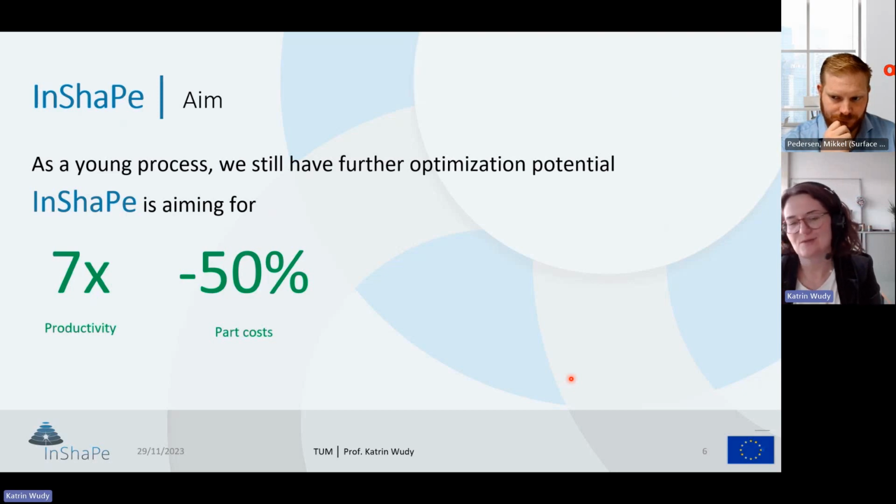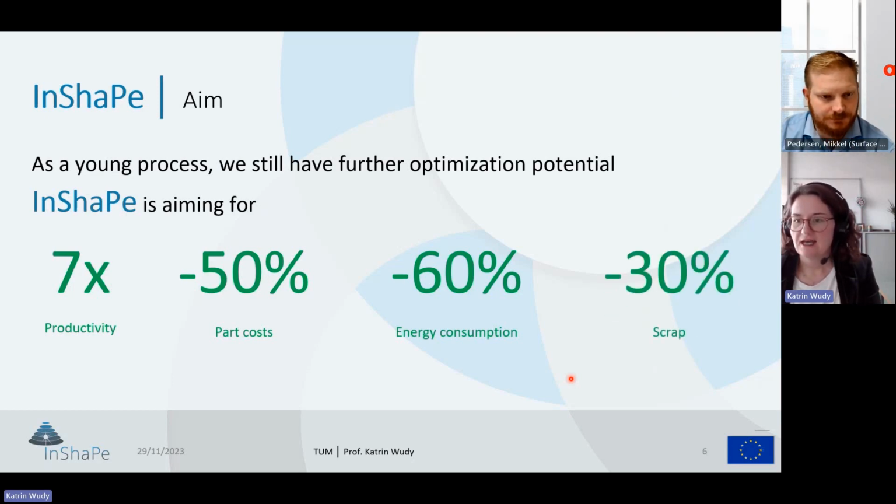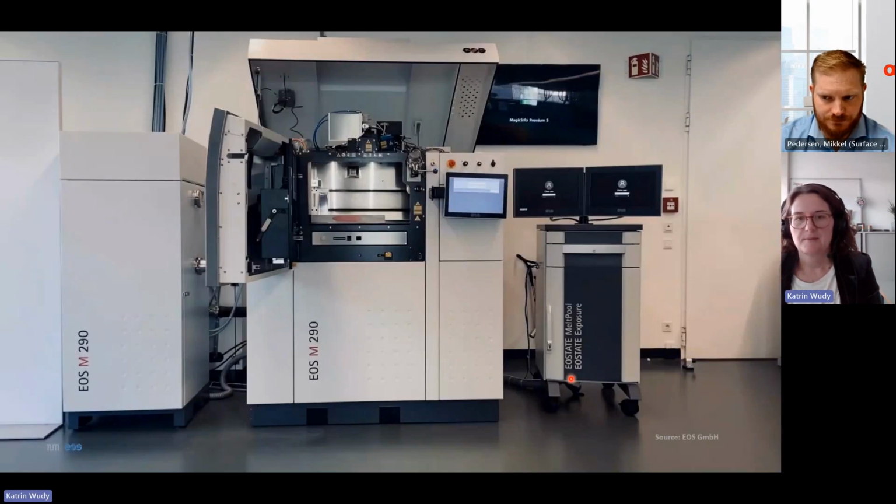And we hope that you can bring in a new application. We would like to reduce the energy consumption by 60% and the scrap material, like scrap due to support structures, but also scrap material due to spatter formation and so on, by 30%.